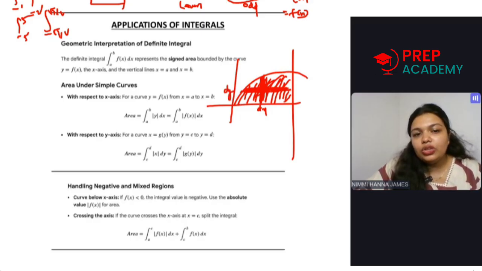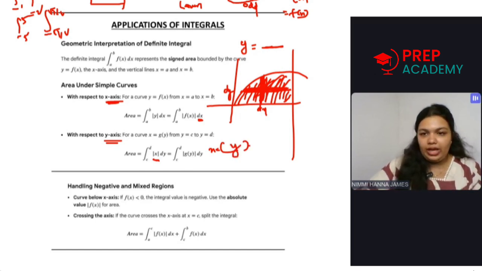So the area, if we are finding it with respect to x axis, that is dx, then we will be writing the function as y equal to something in the x values. And if we are taking it with respect to y axis, then we will be writing x equal to something in terms of y, the function in y.